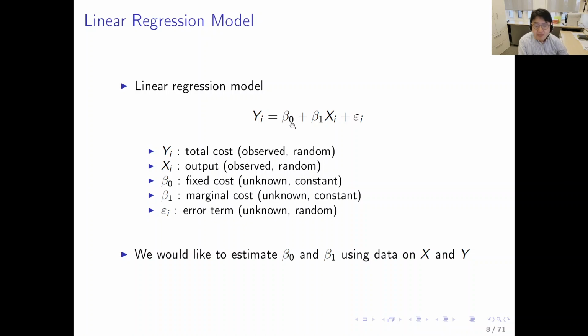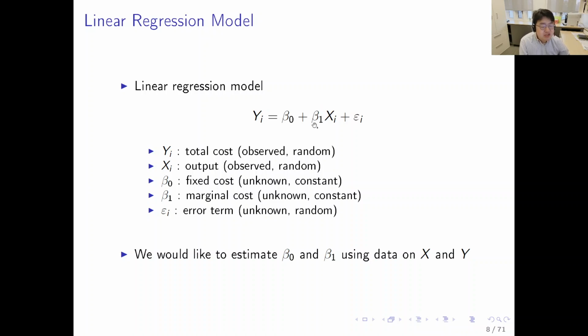So then beta 0 is the fixed cost because it does not depend on x. Even if x increases from 1 to 2, beta 0 is not affected. Always you add beta 0 to your cost, no matter how much you produce.